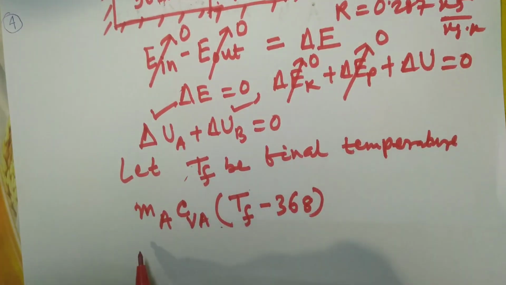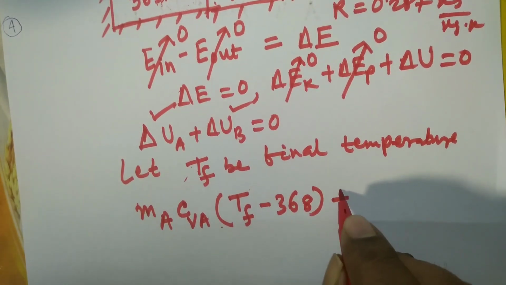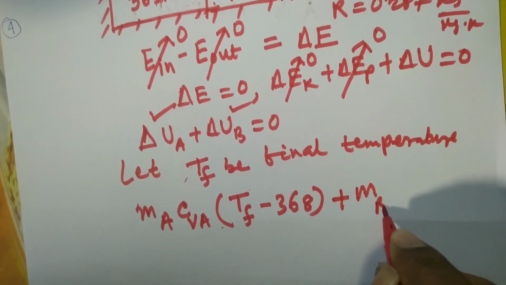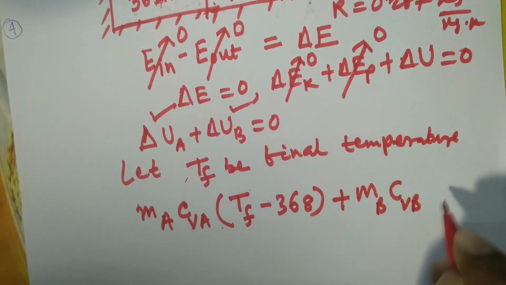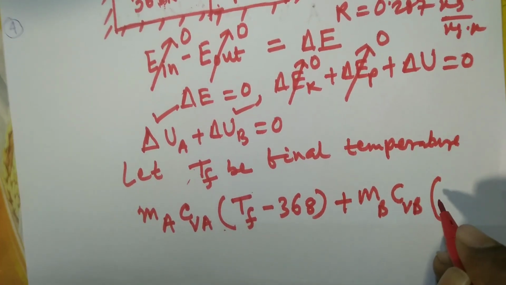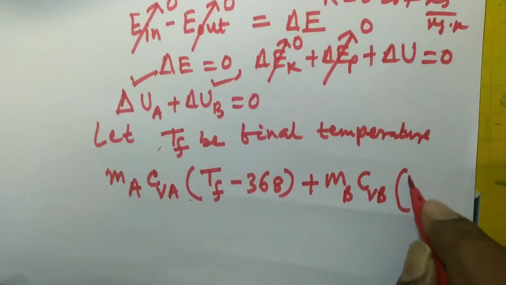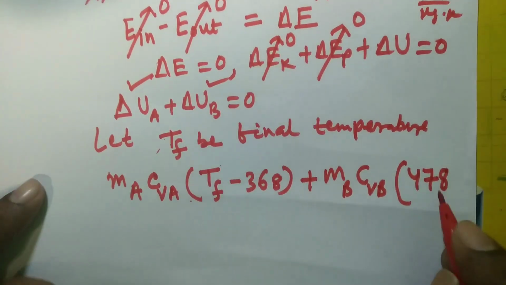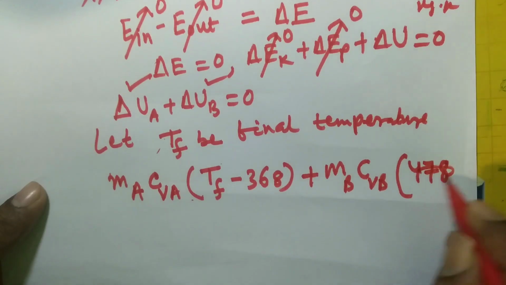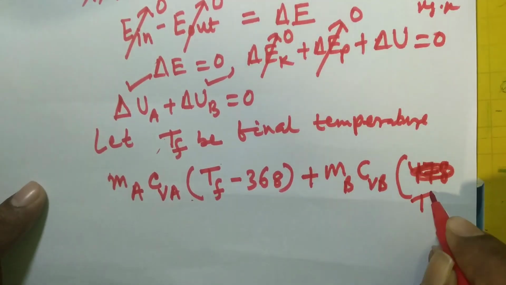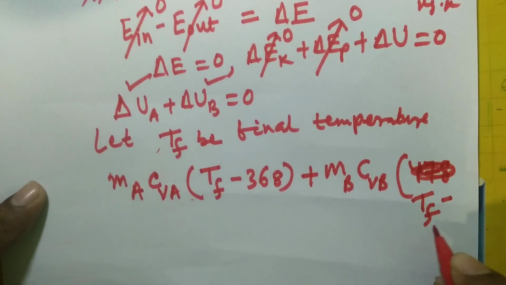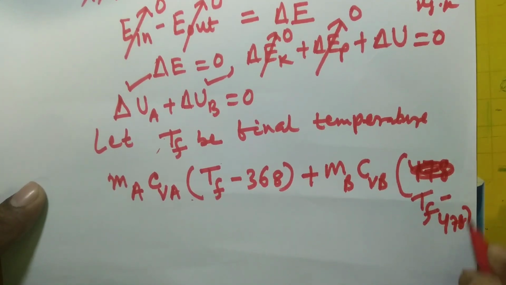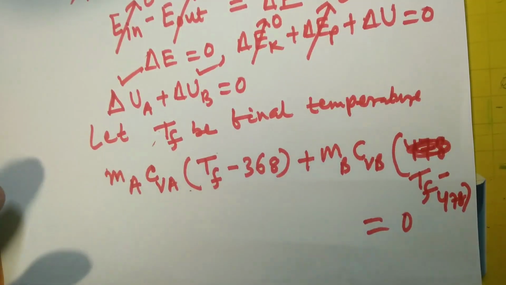So for vessel A, this is the change in internal energy. And for vessel B, the change in internal energy will be, in fact, Tf minus 478. So the sum of these will be 0.